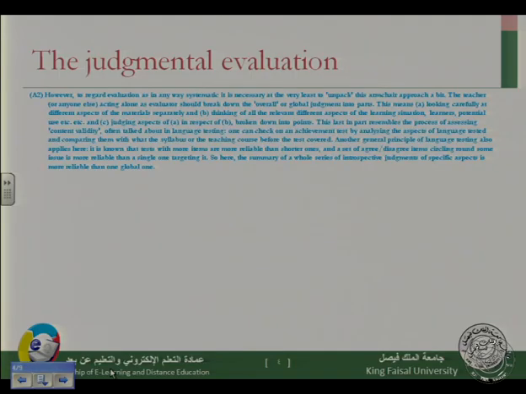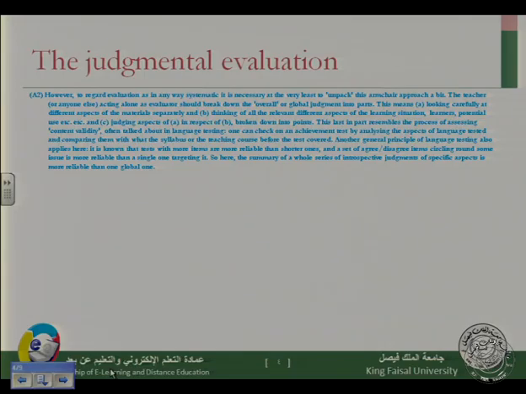Situation number 2, however: to regard evaluation as in any way systematic, it is necessary at the very least to unpack this armchair approach a bit. Well, it's like an armchair approach. There is no analysis in it. You just give a general impression about it.